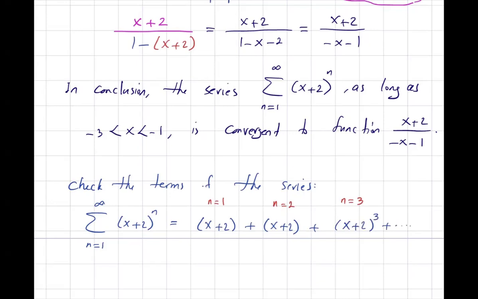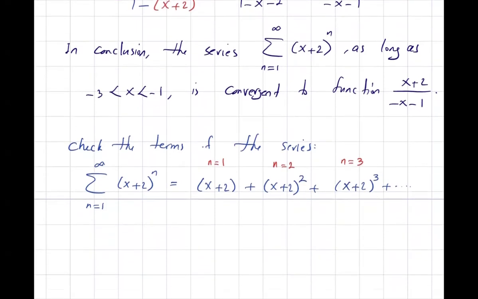So what's happening here? If I write these terms in expanded form, I have x plus 2 plus x squared plus 4x plus 4 plus, now here you just need to multiply these together to get a polynomial, or you can follow the formula.